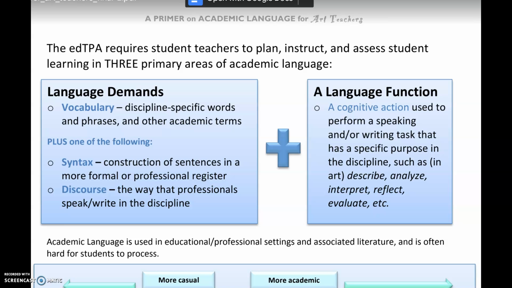So a cognitive action used to perform a speaking and or writing task that has a specific purpose in the discipline. So that to me was like, oh, okay, that makes sense.